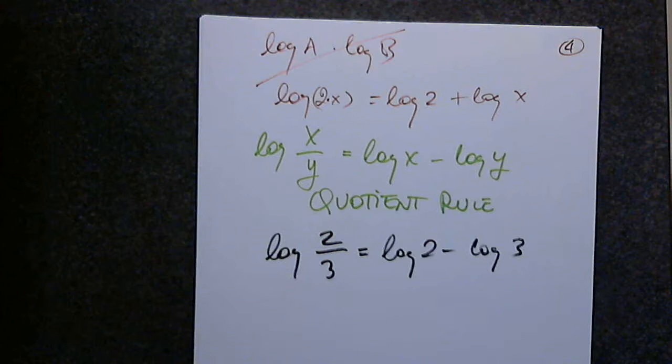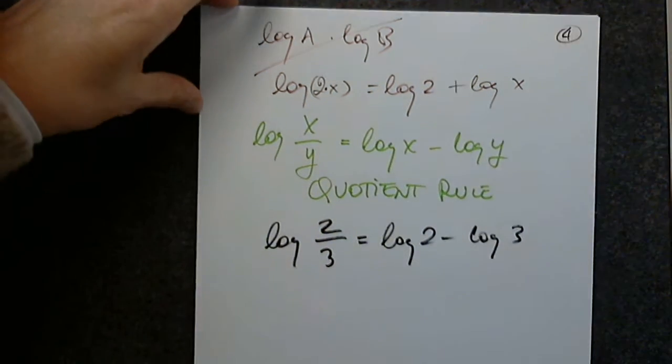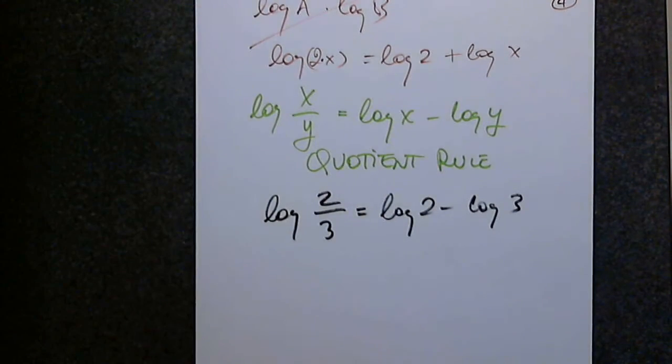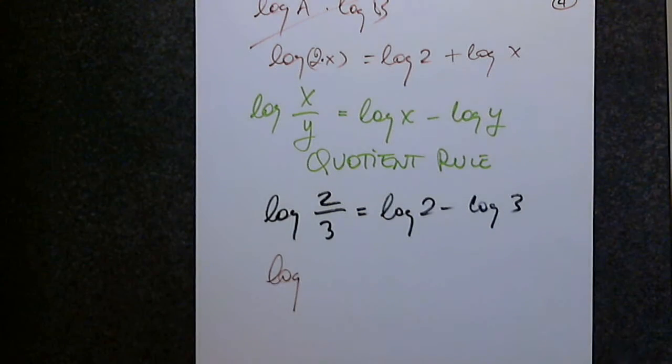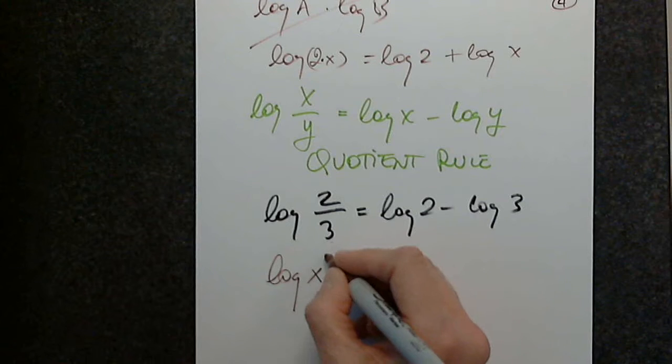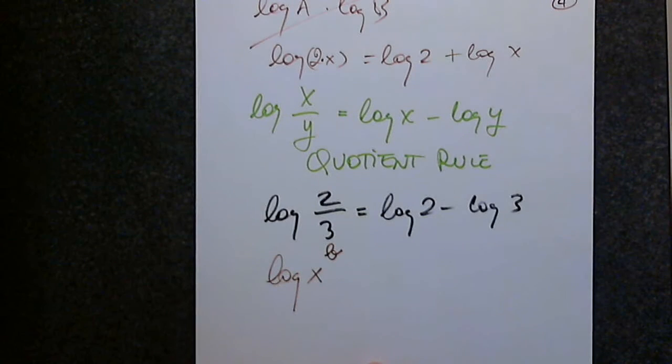Last property. And an extra thing that I already mentioned. Here's the last one. Log in any base of x raised to power b. So the first property was when we applied log to a product. The second one to a ratio. The third one is to a power.